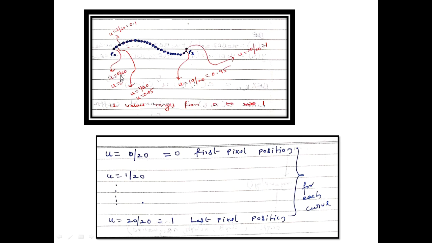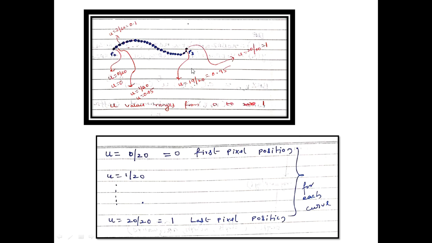If you divide 0 by 20, you will get the first pixel position U value, that is U equal to 0. If you want the second pixel U value, I will divide 1 by 20, that is 0.05. Like this. The last but one pixel is 19 by 20, that will give 0.95. Last pixel position 20 by 20, that will give 1.